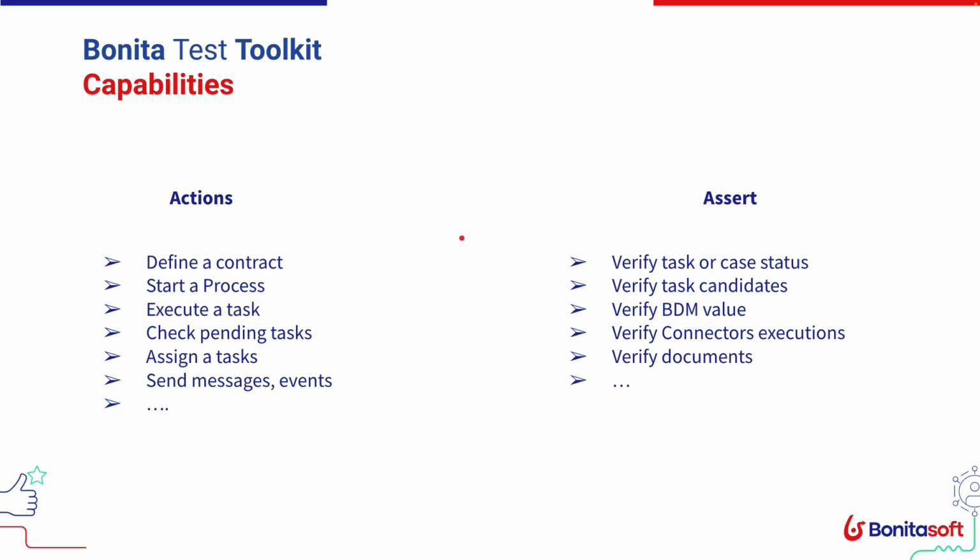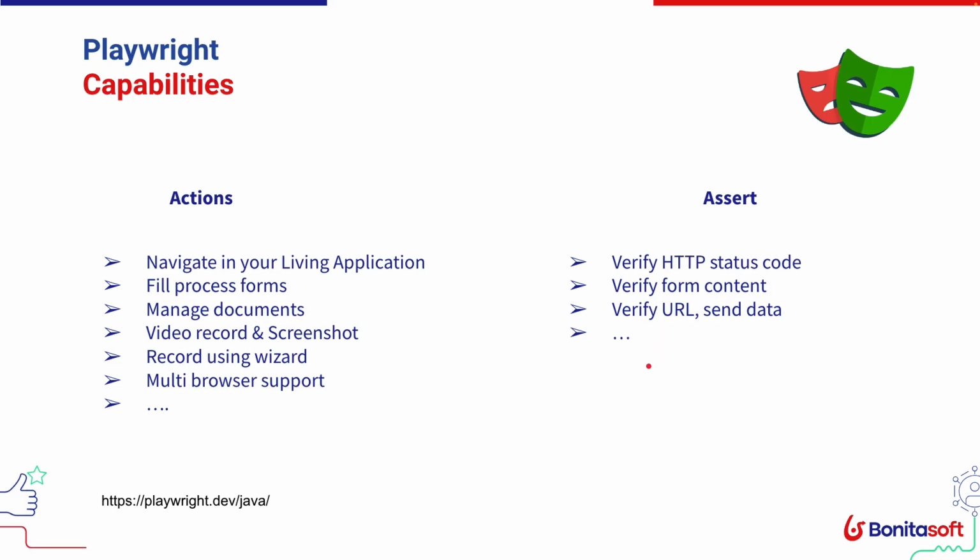And in terms of testing and checking, you can make a lot of asserts to verify case or task status, ensure that candidates are correctly defined, verify BDM values by doing some queries on the BDM, check connector executions and check that documents have been generated the way you were expecting.